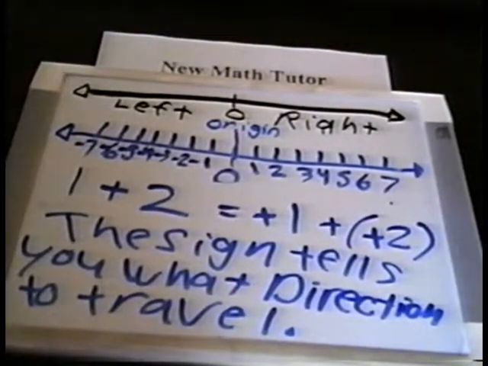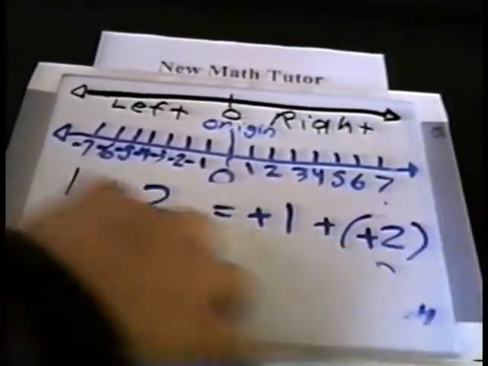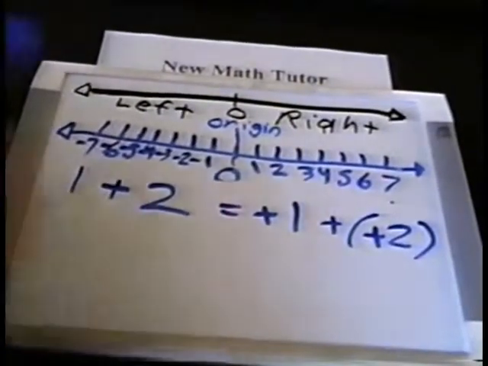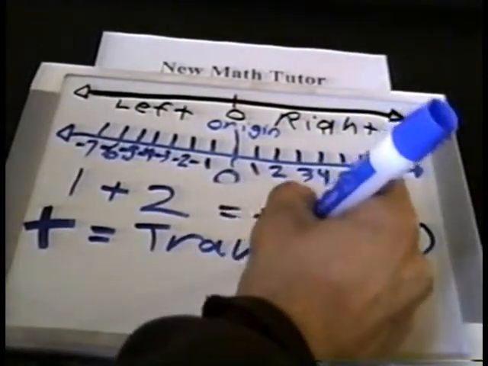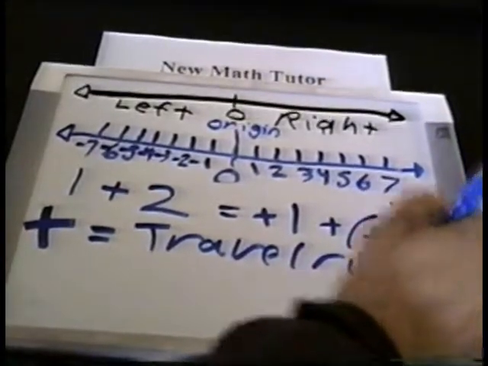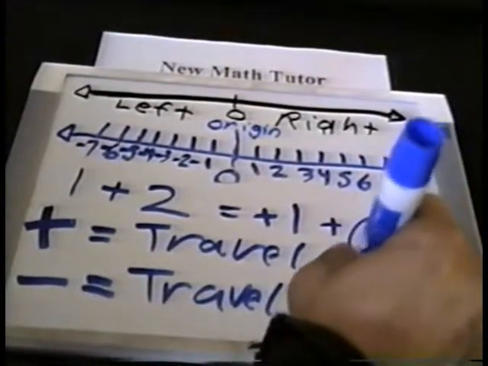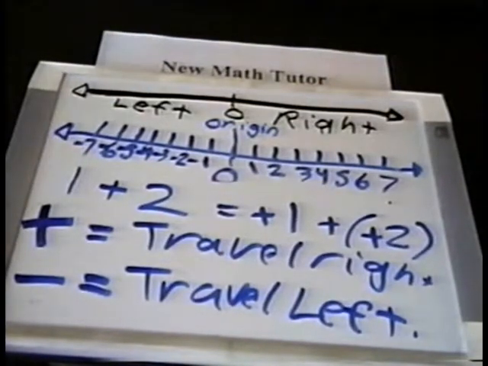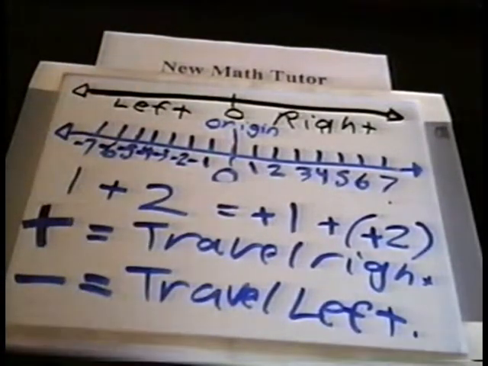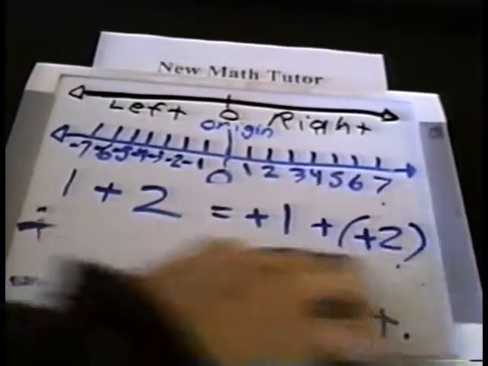The positive sign denotes movement toward the right, or on the right side of the line. Positive sign means travel right. Negative sign means travel left.